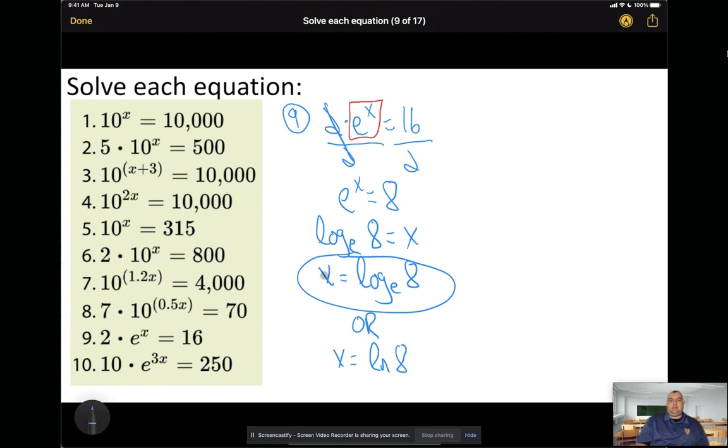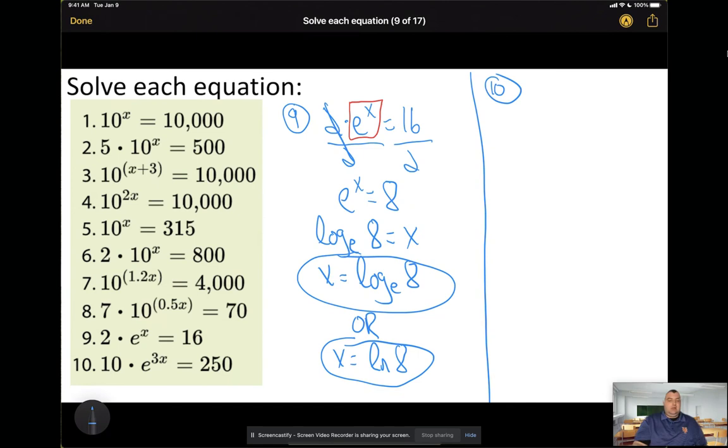X equals natural log of 8. It literally means the exact same thing. Natural log of 8 means log base e of 8. So again, if this were a test or a quiz and you wrote either one of these as your answer, you would get full credit. It would be considered correct.